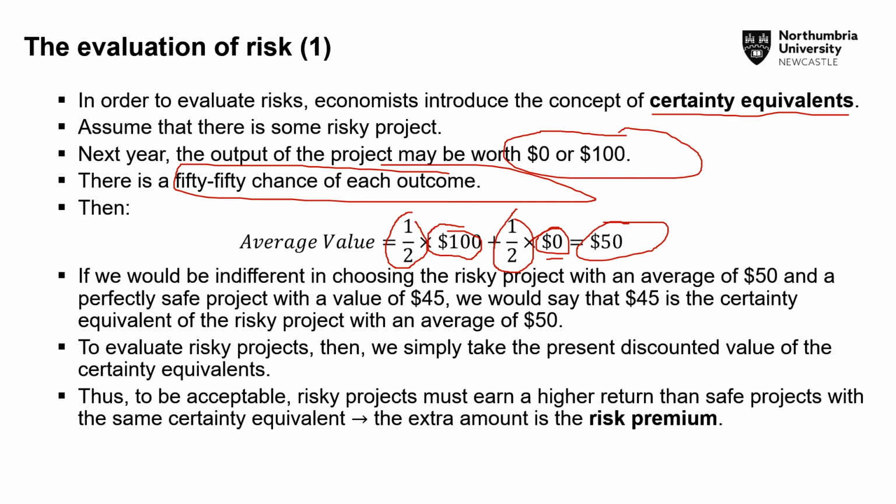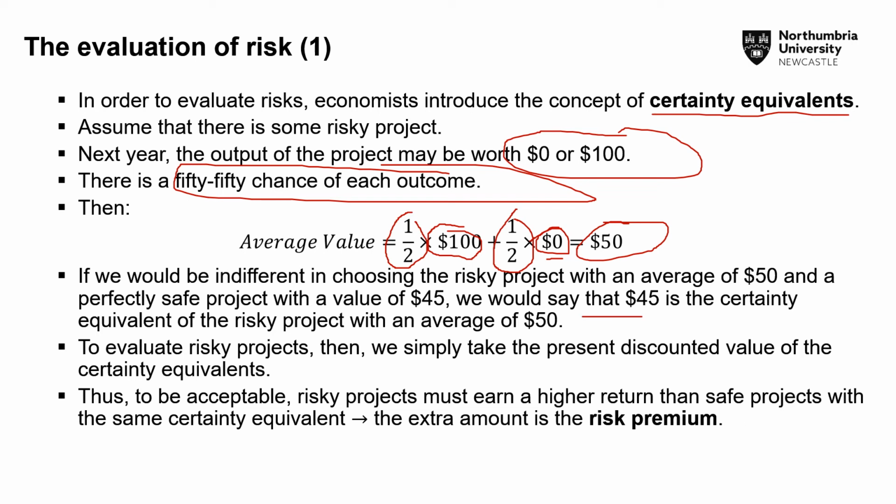Now, how do we determine what the certainty equivalent is? So let's say you now are offered two choices. You can either go with this risky project and you might receive an average of $50, but you might also receive nothing if nothing materializes. Or alternatively, you can choose a safe project which will pay less, and that low amount in this example will be $45.